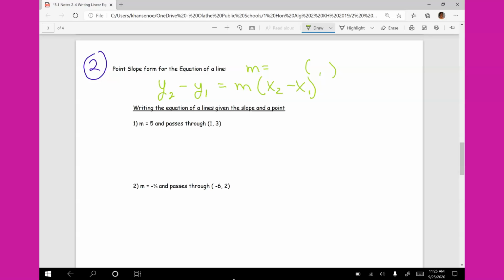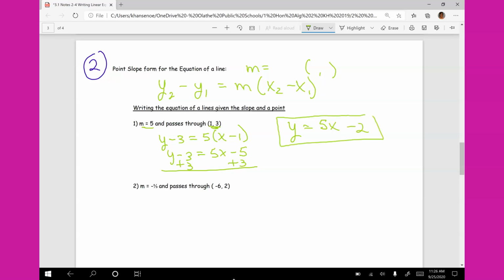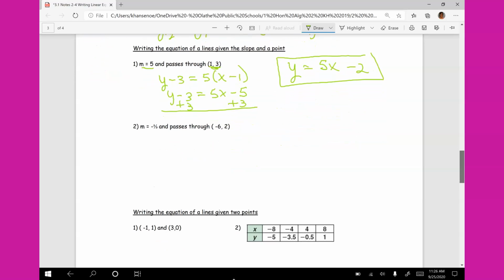Now, if I give you a slope and a point, you are plugging into this equation. So I have y minus 3 equals 5 times x minus 1. I distribute that 5, y minus 3 equals 5x minus 5. I add 3 to both sides. I get y equals 5x minus 2. That's my answer. Okay, so here's another example of that. You can practice on your own.